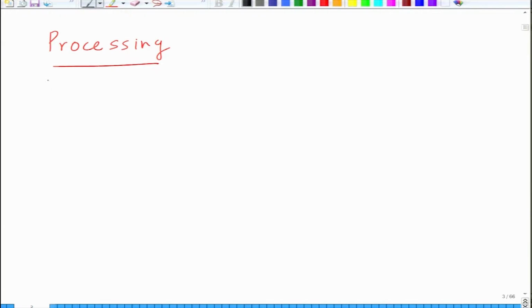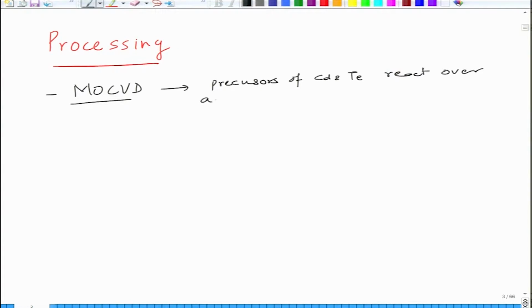Not only can you process CdTe by sputtering, evaporation and galvanic reaction, you can also process this by an MOCVD kind of process, wherein the precursors of Cd and Te react over a heated substrate and lead to formation of a cadmium telluride film.